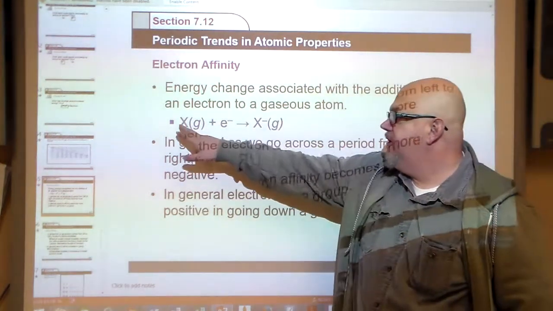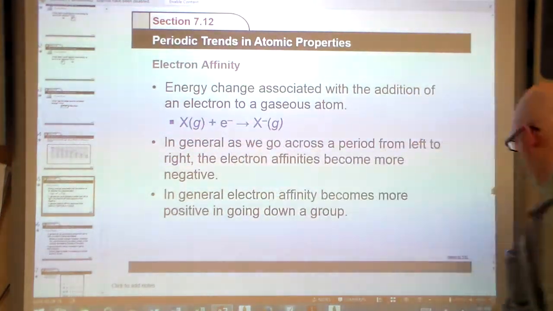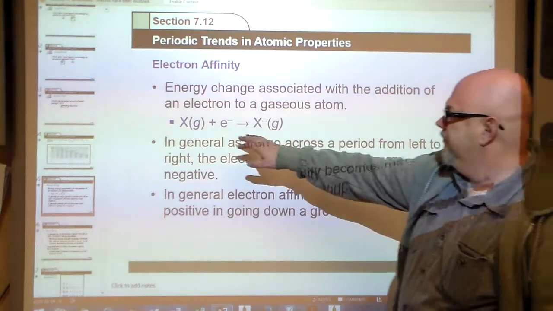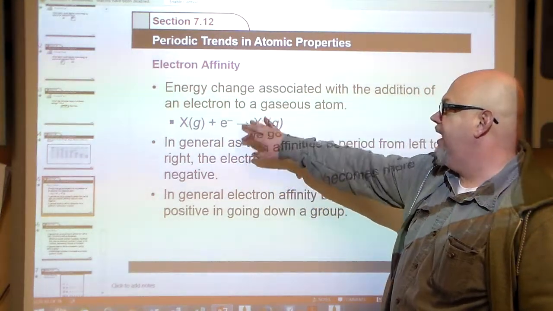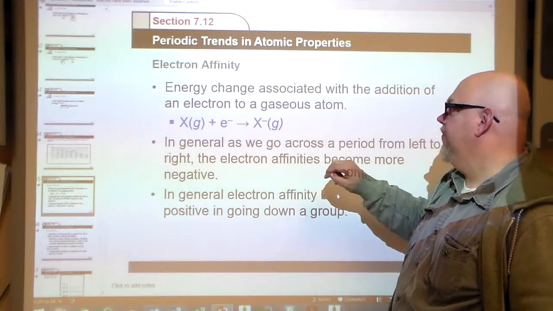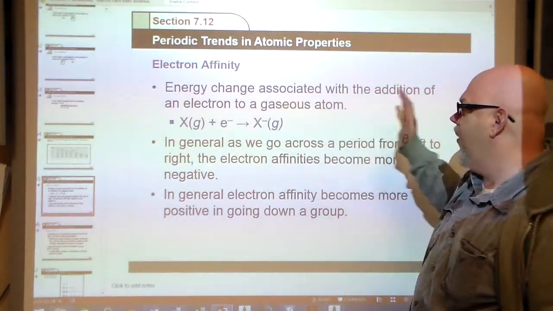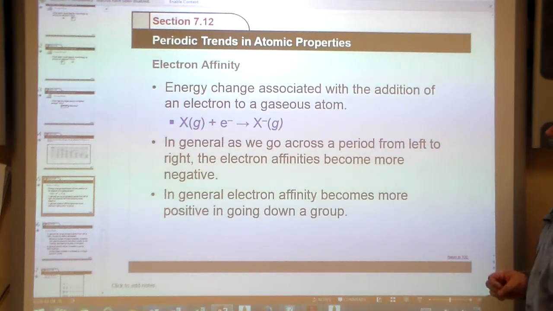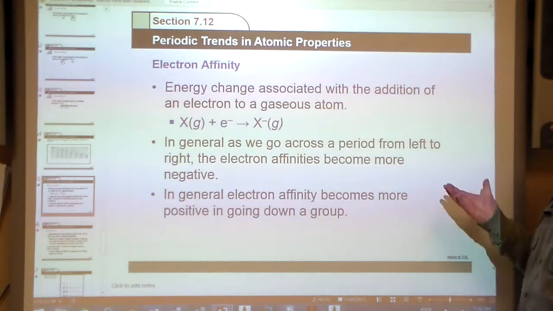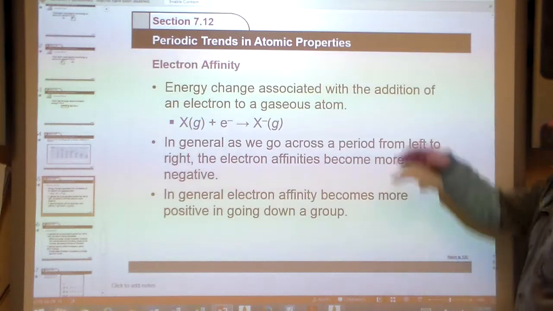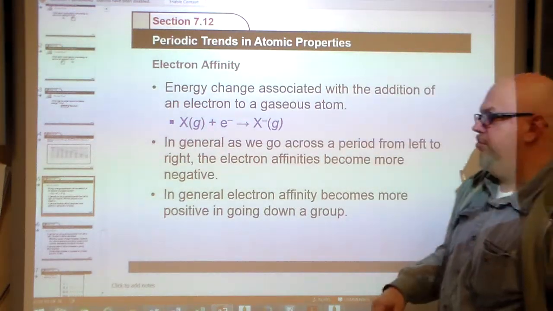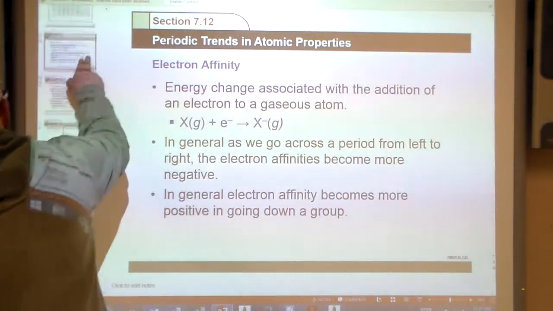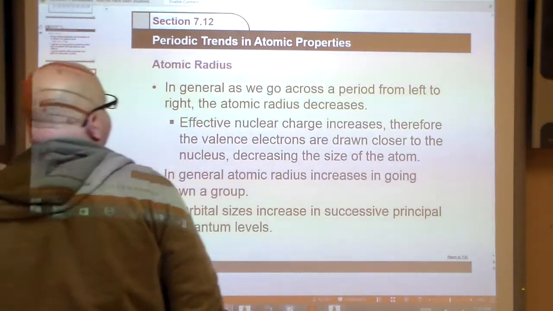So here's X, our gas, plus an electron, and then we get X with a negative charge. When you go from left to right, the electron affinity becomes a little bit more negative. And in general, the electron affinity becomes more positive as you go down the group.